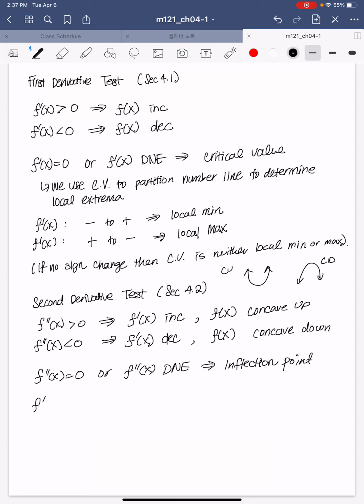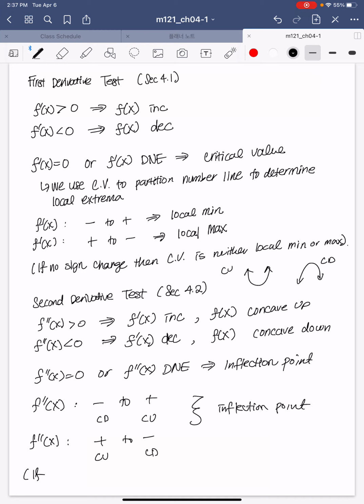So if f double prime changes from negative to positive, concave down to concave up, or positive to negative, concave up to concave down, these are my inflection points. And similarly, if there's no sign change, then the point is not considered an inflection point.